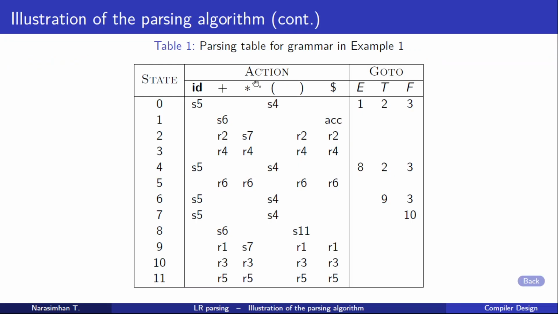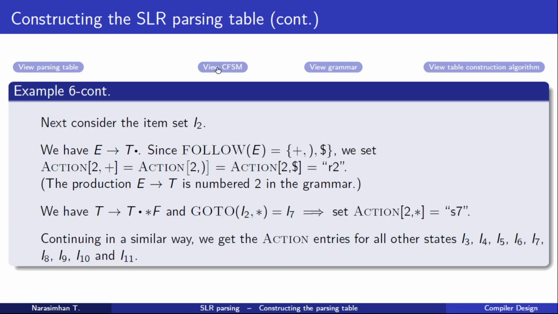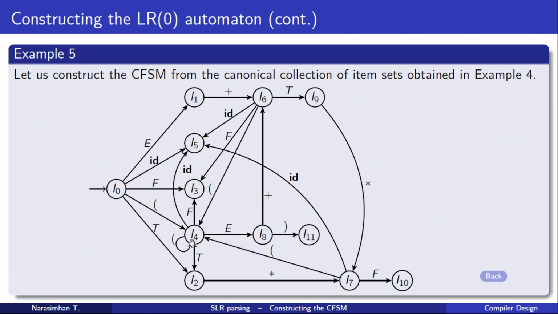I4 on left parenthesis is S4. Now you had F gives dot ID also, so you find go to I4 comma ID. I4 and ID takes you to I5, so the entry should be S5. So 4 on ID, it is S5.